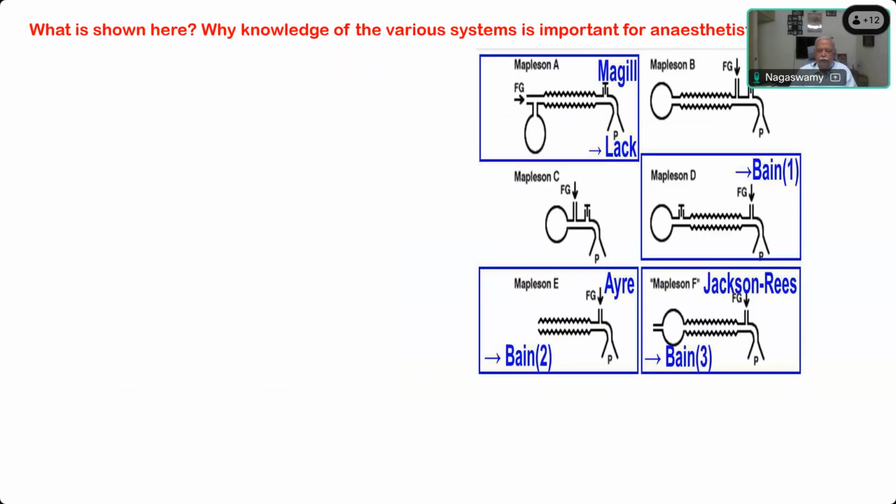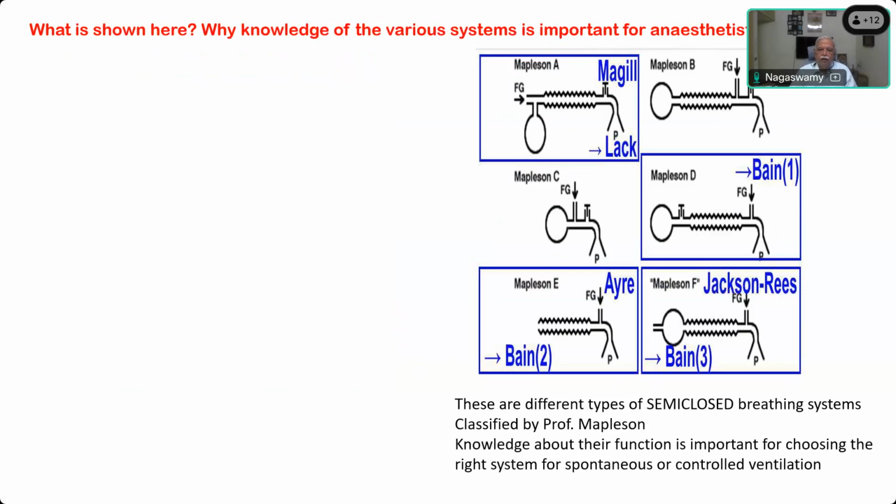Semi-open or semi-closed? Semi-closed. There are different types of semi-closed breathing systems classified by Professor Mapleson, and knowledge about their function is important for choosing the right system for spontaneous or controlled ventilation.